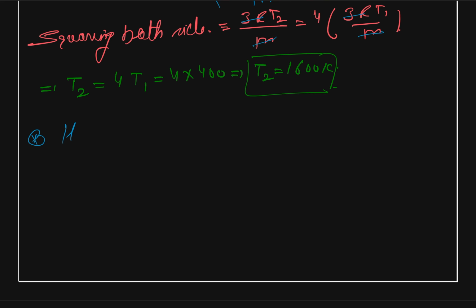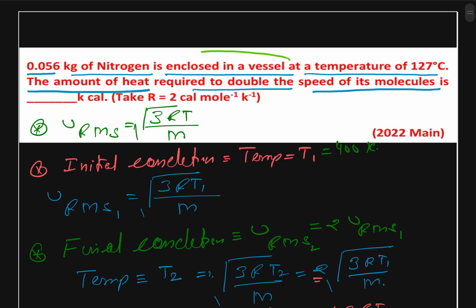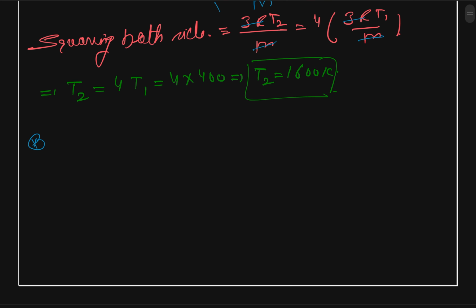Okay, so in this case I forgot to mention one thing, that it is an enclosed vessel, therefore we can say that the volume will be fixed. So for enclosed vessel we have our volume constant.